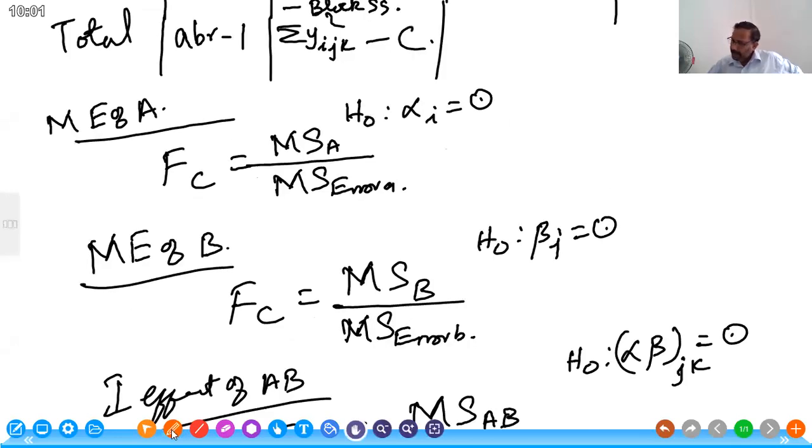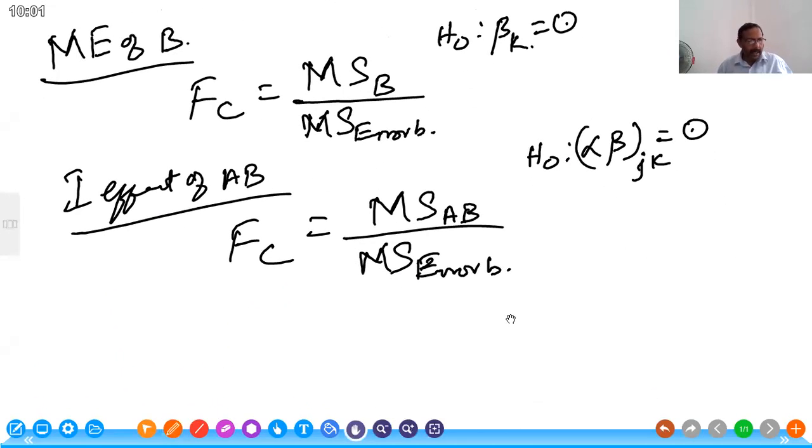Be careful. Because we are not taking i as the block, it is alpha j, beta k. So we can test all this, look at the degrees of freedom of numerator and denominator, and then compare.